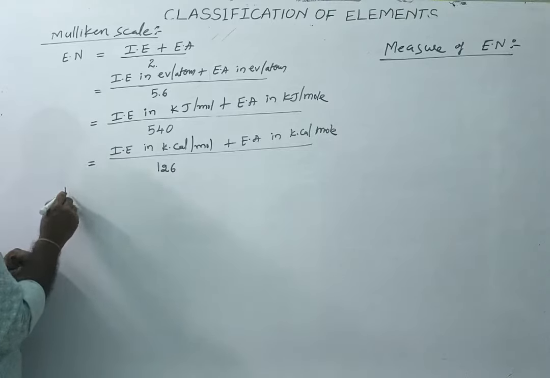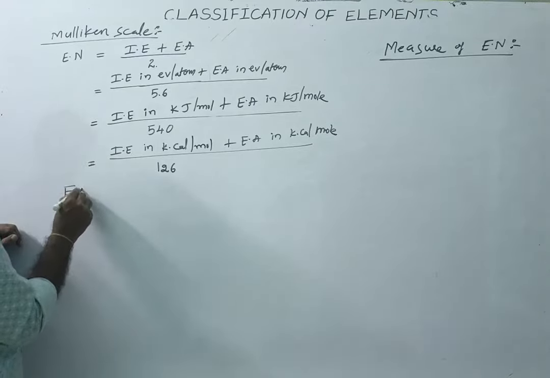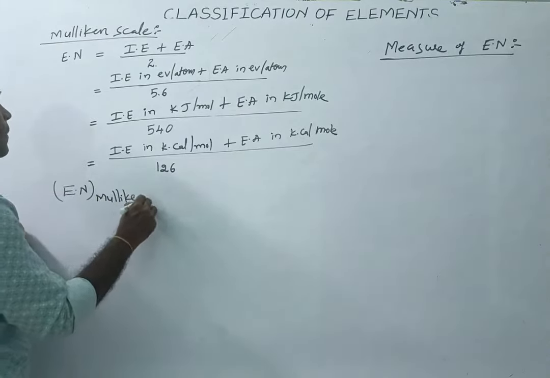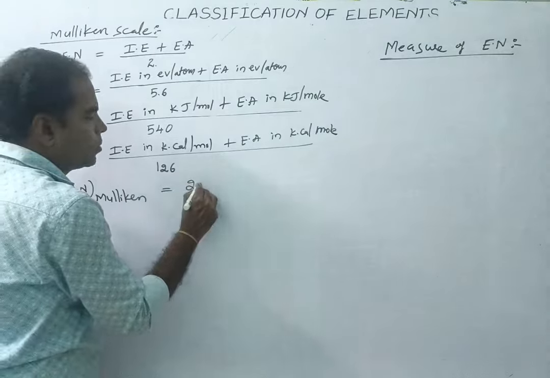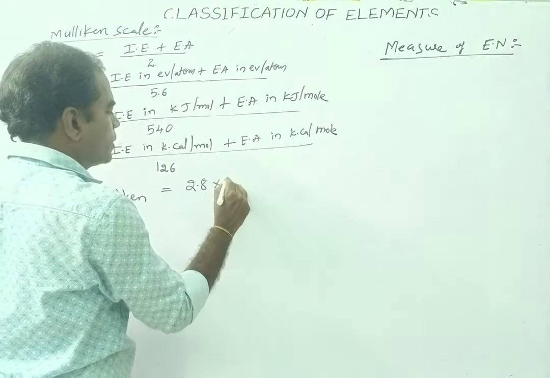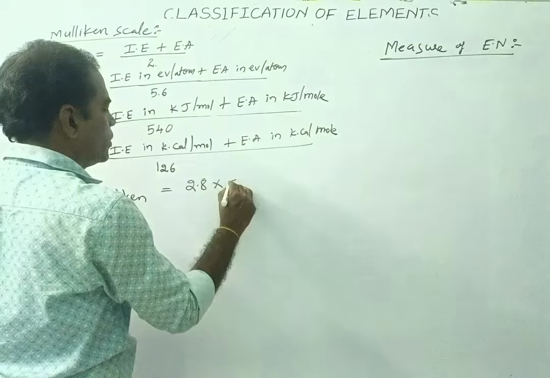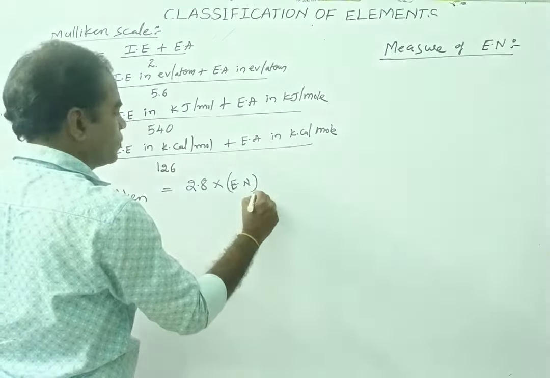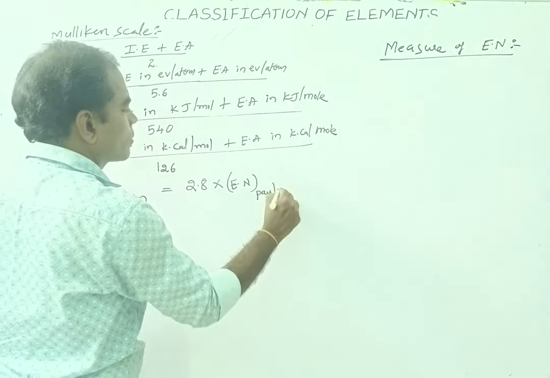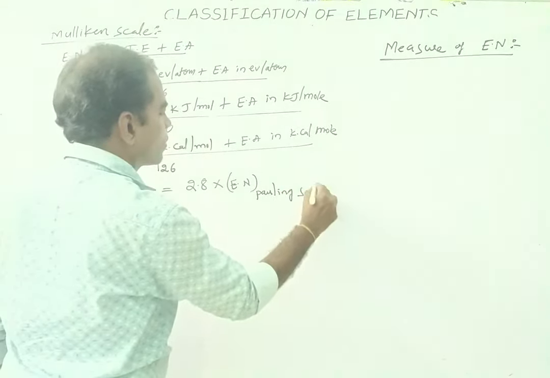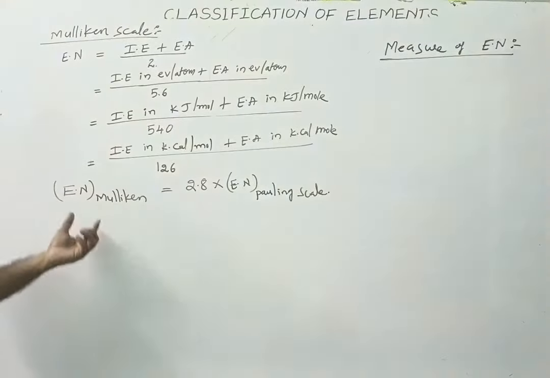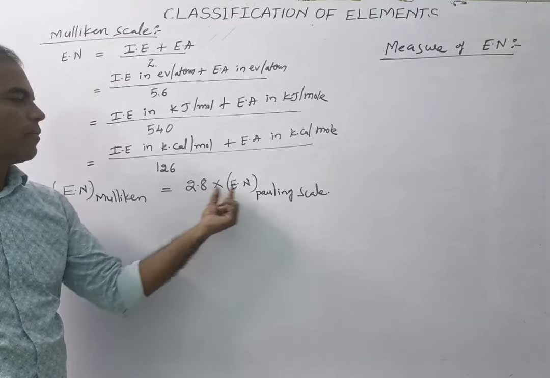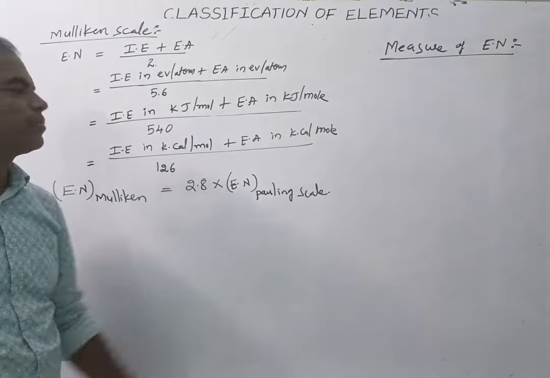Here, the electronegativity on the Mulliken scale is equal to 2.8 times the electronegativity value on the Pauling scale. That is, the Mulliken scale value equals 2.8 multiplied by the Pauling scale value.